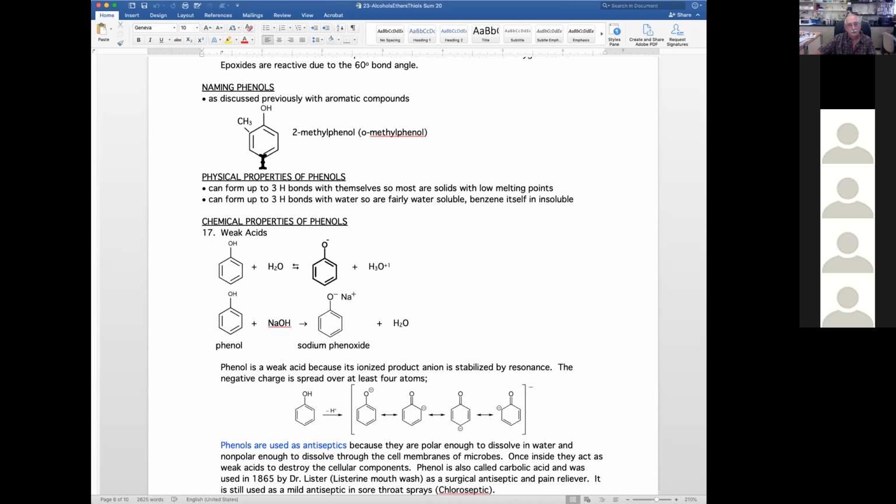And phenols can form up to 3 hydrogen bonds with themselves and with water. So I guess I could, since I'm getting good at this now.